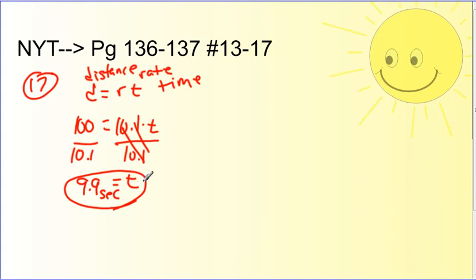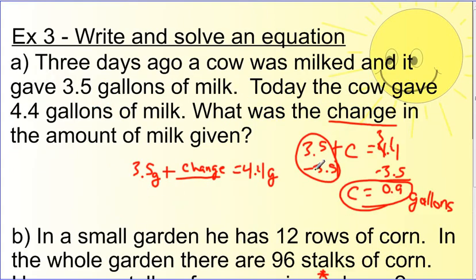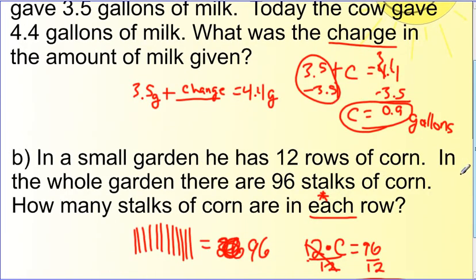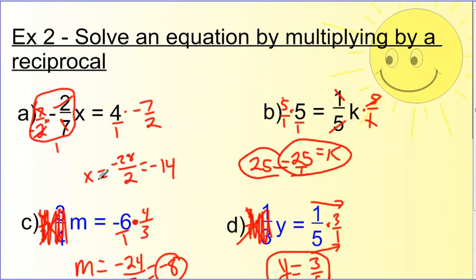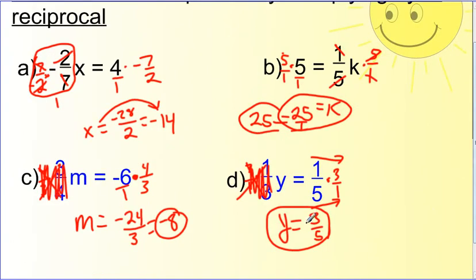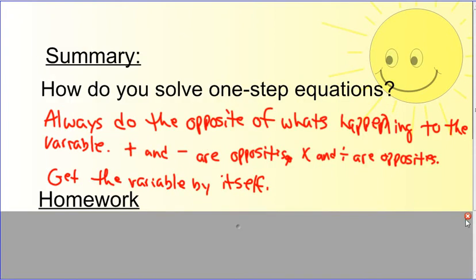There are no negatives next to the variable. There are no fractions next to the variable. There are no decimals next to the variable. It's c equals. K equals. X equals. Now here, because I was simplifying, x equals negative 14. Y equals 3/5. M equals negative 8. Every single problem, the variable is by itself. That is the goal when you're solving an equation.